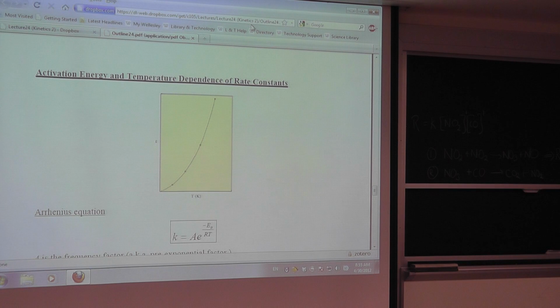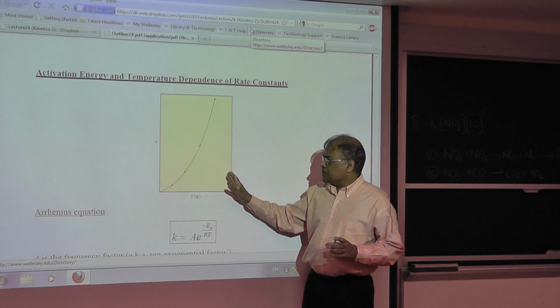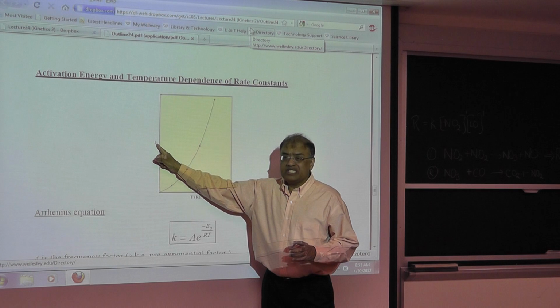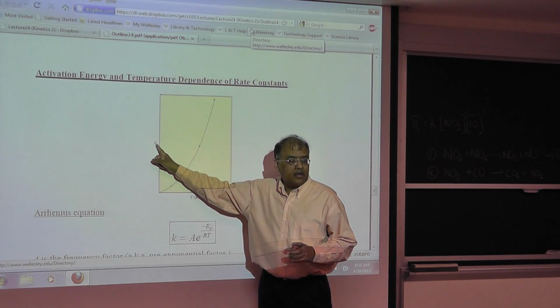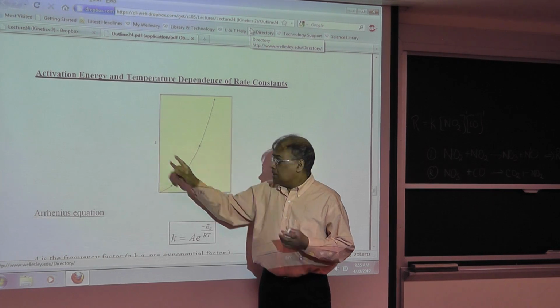All right. So here is the experimental observation, the rate constant plotted as a function of temperature. Remember, the rate constant is lowercase k. Uppercase K is the equilibrium constant.